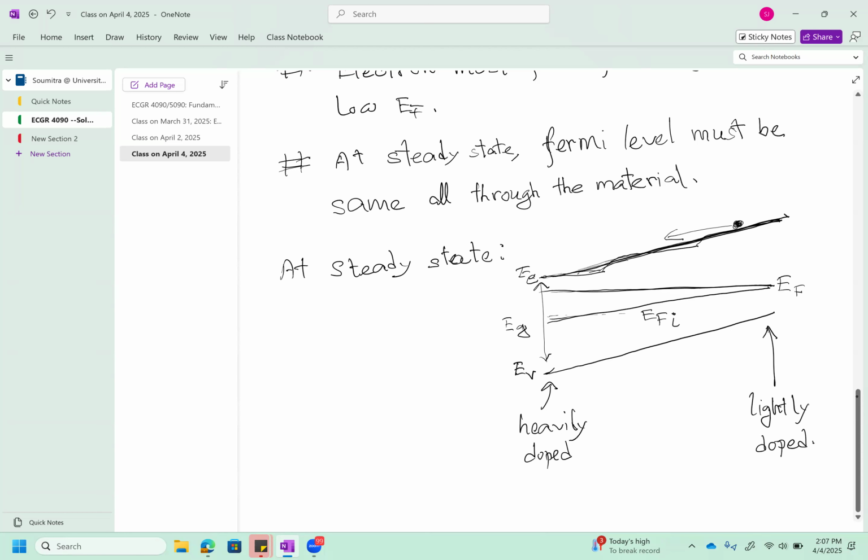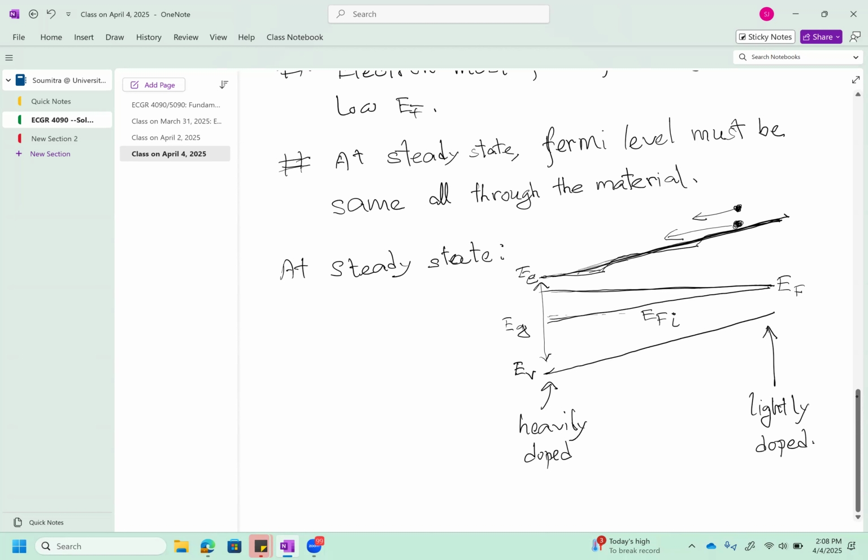On the other hand, if EF has to be constant, and we also need to make sure that it is graded doping, that means EC and EF will change their distance as you go from left to right. That means EC must have to bend upward, right? But if EC bends upward, it will pull an electron which stays on the right side. Okay? It will create a pull. So these are the electric field.